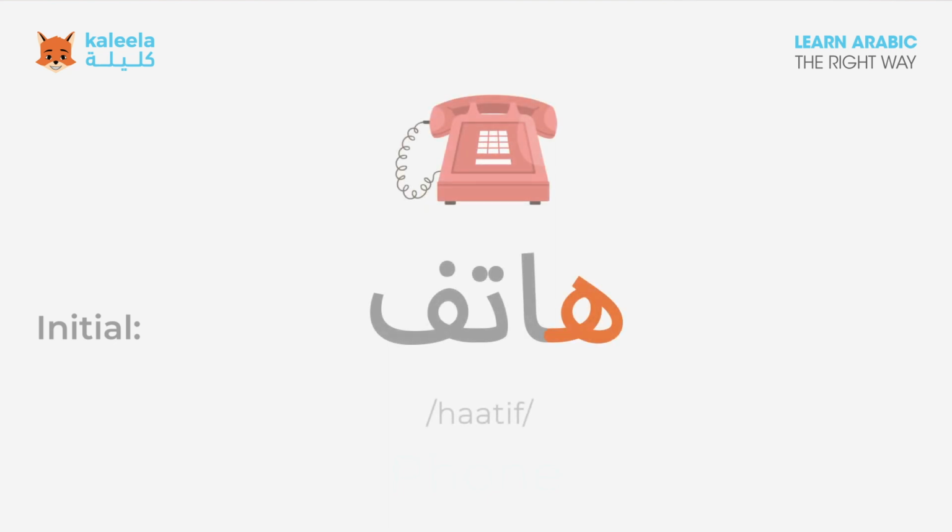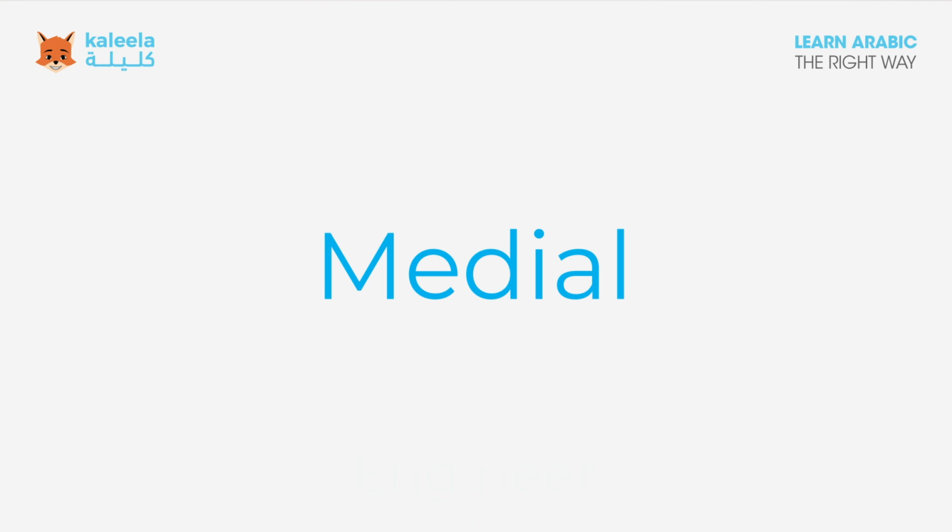Now let's look at its shapes depending on its position in the word. First of all, we start when it comes at the beginning of a word, initial, as in hatif, which means phone. Ha here looks like two triangles, one inside the other. Moving on to the second shape of the letter Ha, which is medial, when it comes in the middle of a word. Here we have two cases.